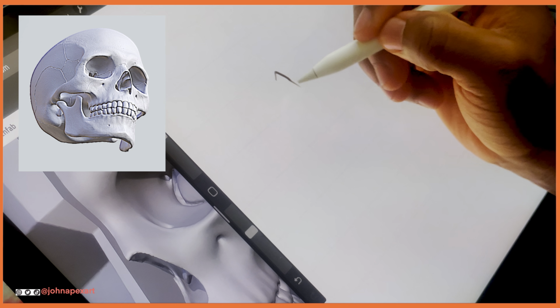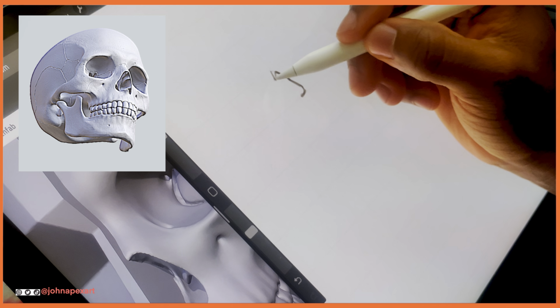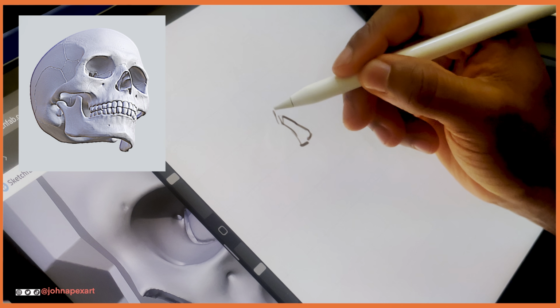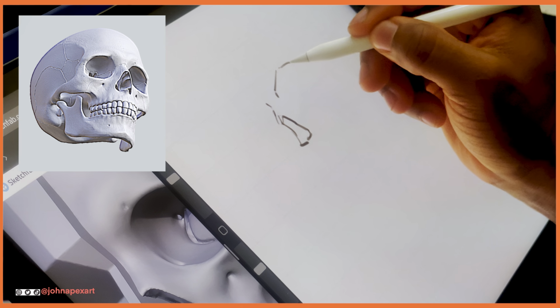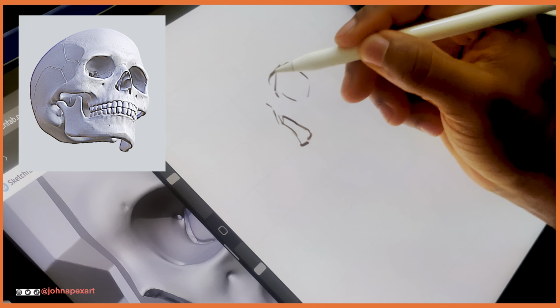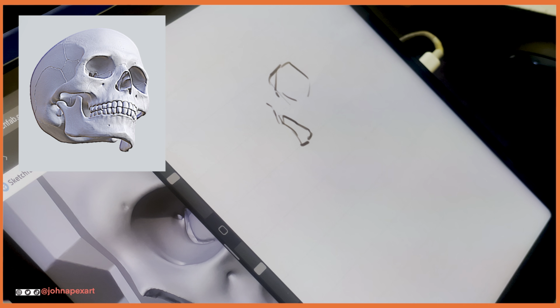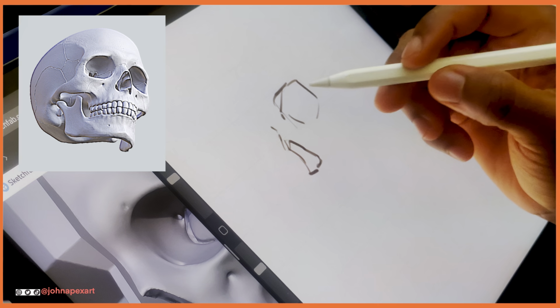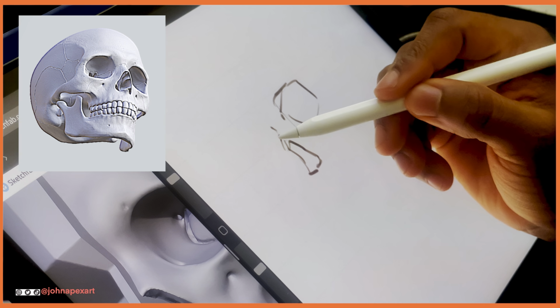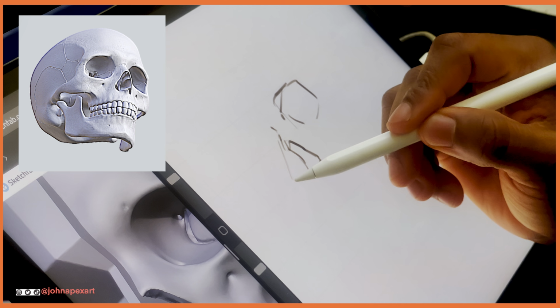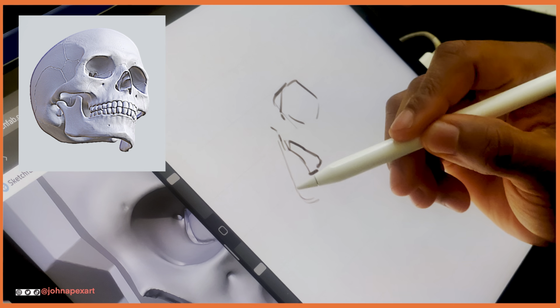Why is there a gap here at this area of the skull? And that is because a large makeup of the nose is simply cartilage.